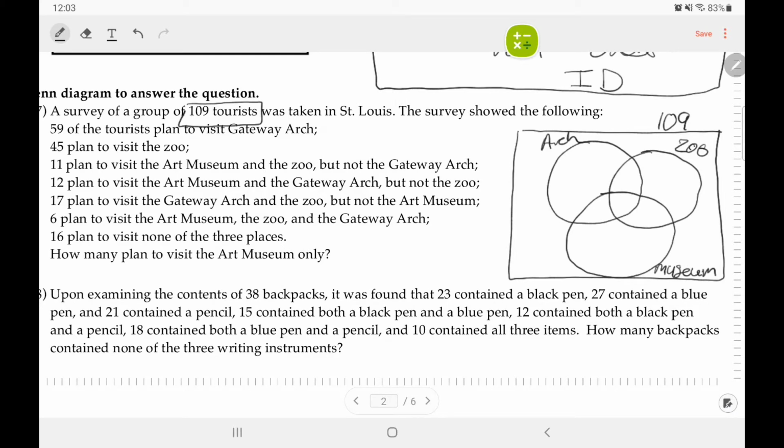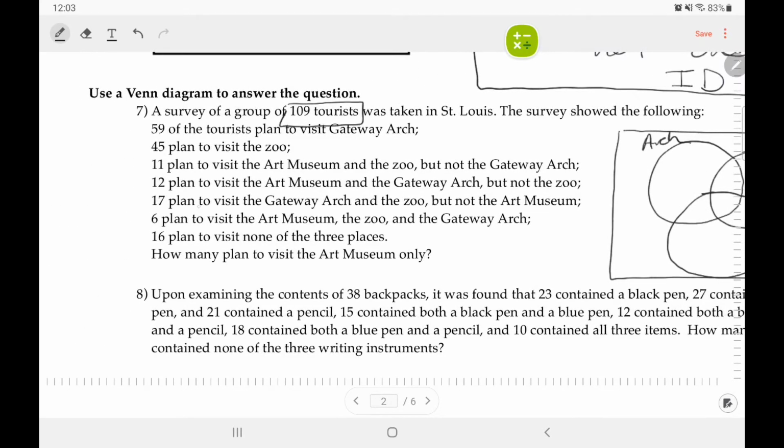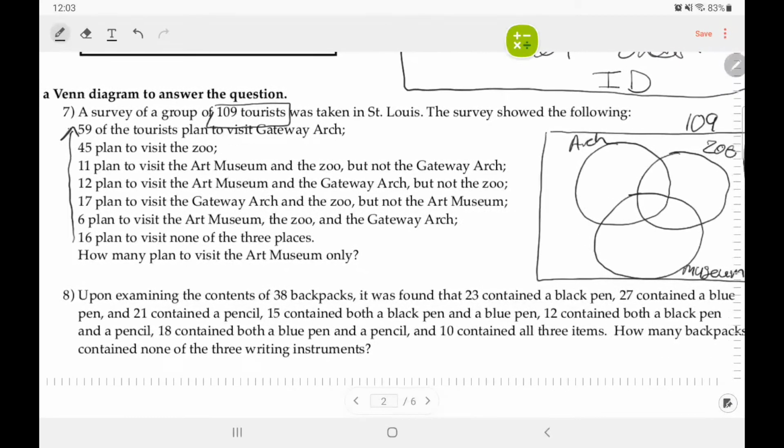When you are constructing a Venn diagram with 2 circles and even 3 circles, you want to read your list from bottom to top. Start at the bottom and then work your way up to the top.